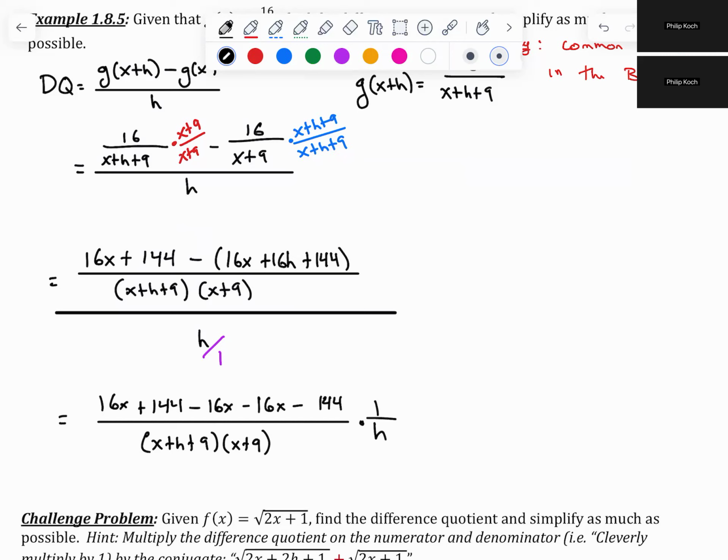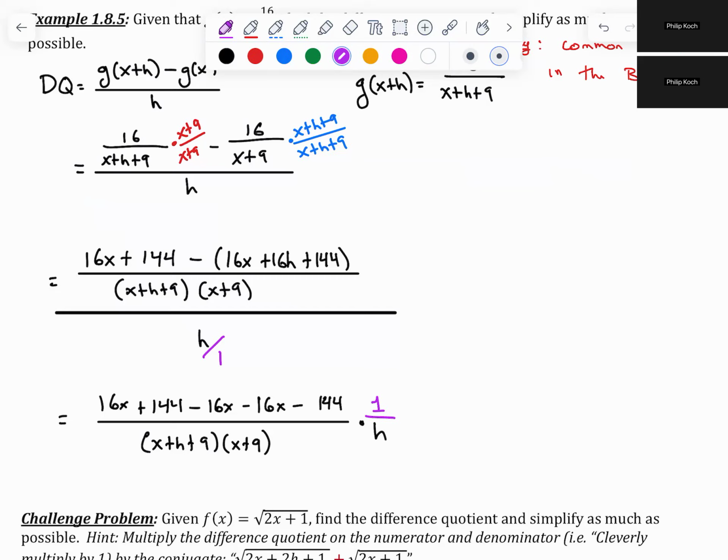Just to make sure it's very clear where that 1 over h is coming from: that's from the denominator. I was treating it like a fraction by writing it as h over 1, and then that's the same thing as flipping and multiplying.